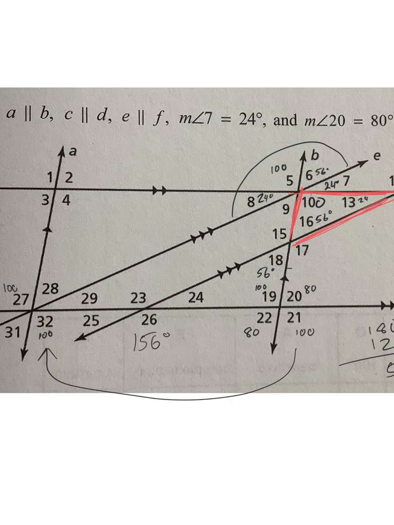Vertical angles. And then again, 15 and 17 are vertical angles. 18 and 9 are corresponding, so 9 must be 56.